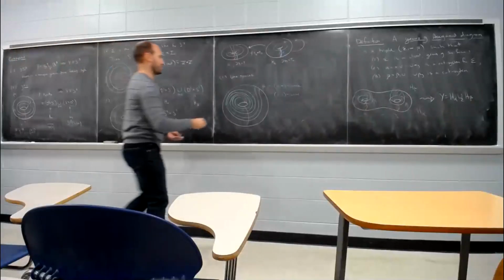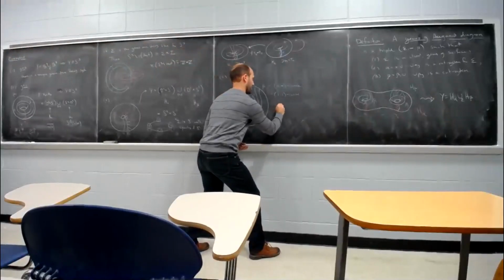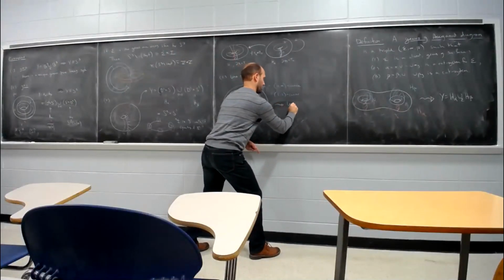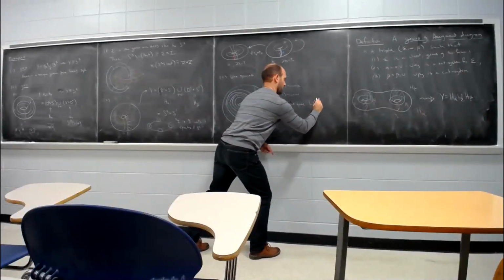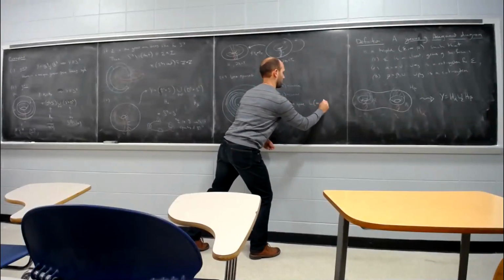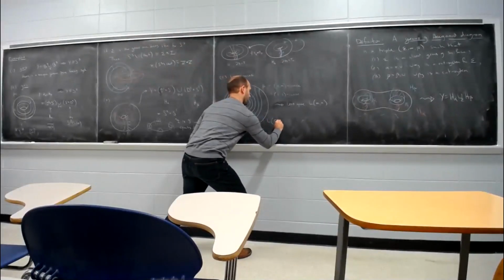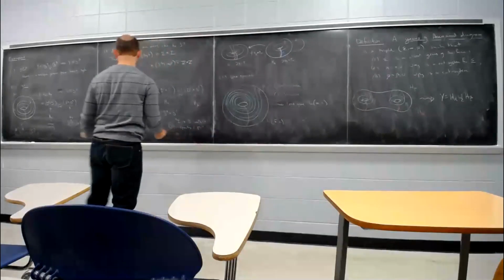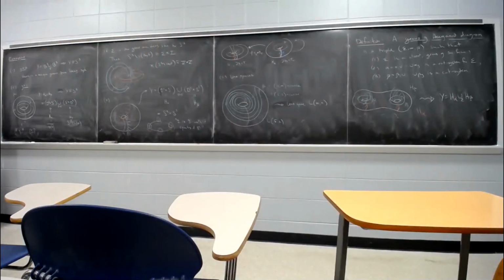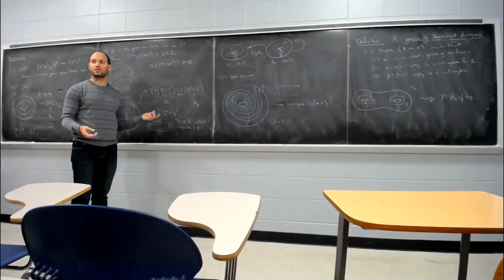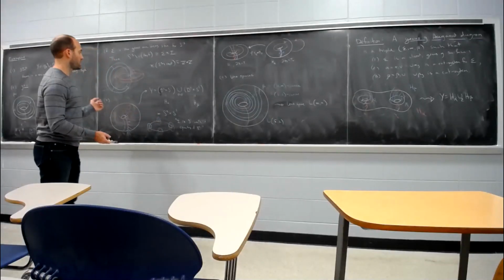So this is beta, and this gives rise to what's called a lens space, L(M,N). So in this particular example, we would get L(5,2). And maybe I'll just say sometimes S3 and S1 cross S2 are considered as lens spaces.